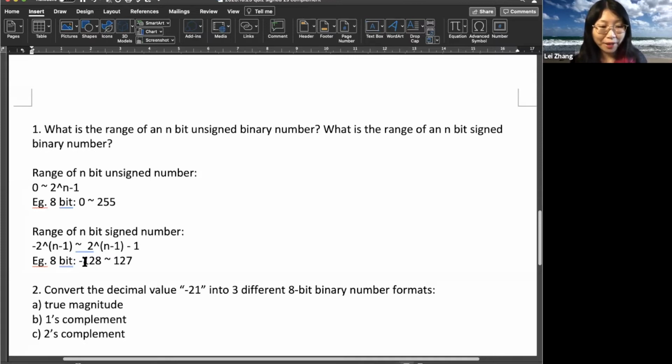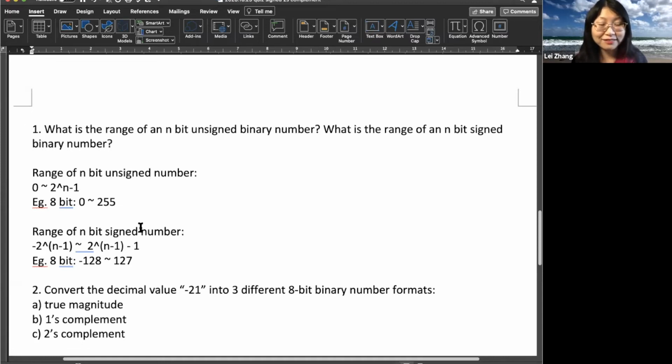We have minus 128 to minus 1, so in total 2 to the power of 7, 128 negative numbers. They are all represented by binary numbers with the most significant bit equal to 1. So that's half of the full range.